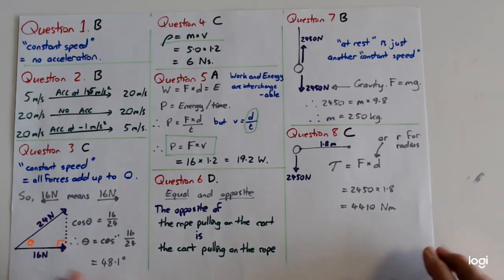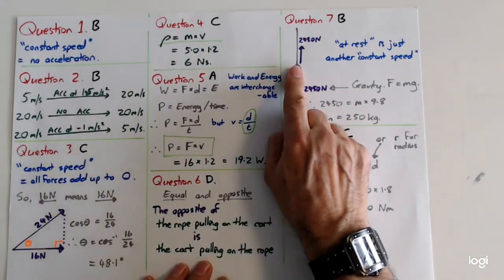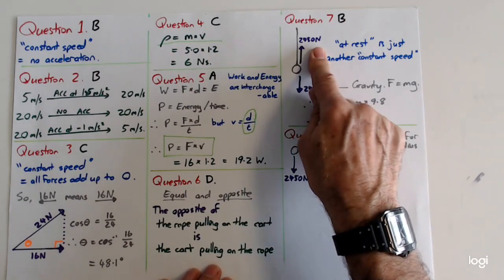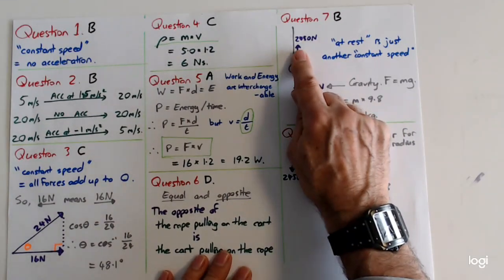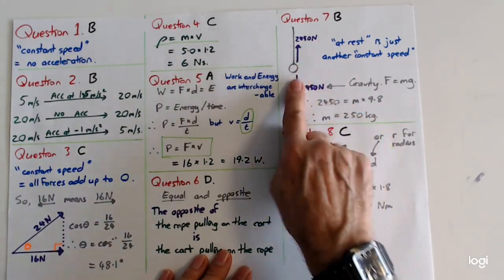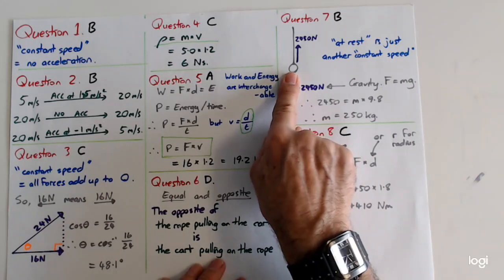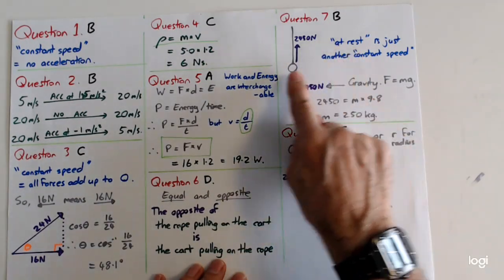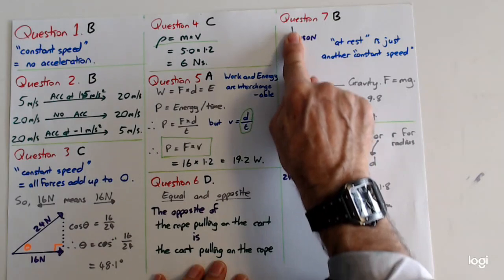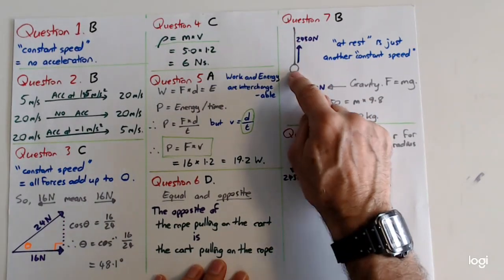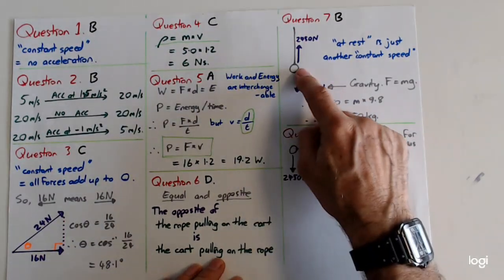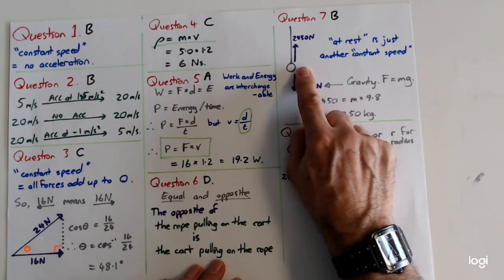They told you that the tension when it's vertical is 2450 newtons. So we know that there's an upward force of 2450 newtons on this thing when it's hanging vertically, and it's at rest. It's not being pulled up. It's not falling down. So again, that's just another version of constant speed.